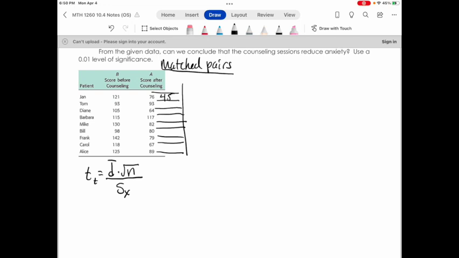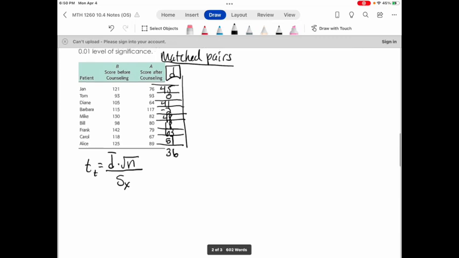I'm going to take 93 minus 93. That gives me 0. 105 minus 64. That gives me 41. And I'm going to go down and find all of those differences. I'll call this our D's. That's our D column. It's the differences between our matched pairs. Now, if I average all these values, that's your D bar.